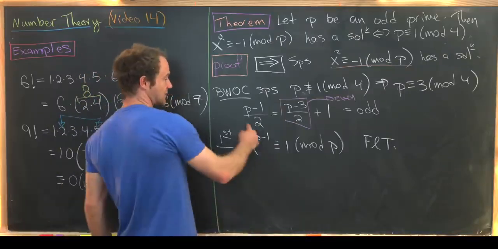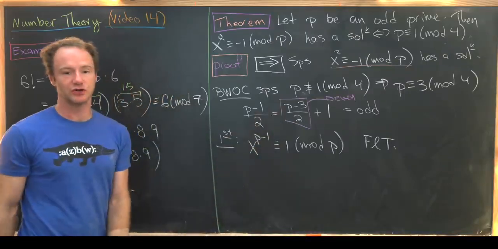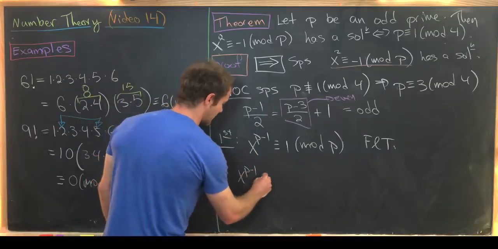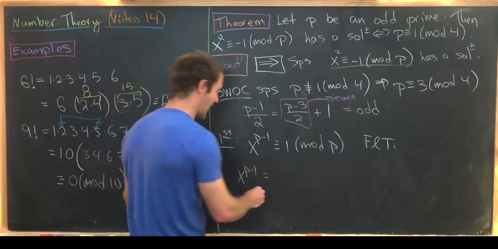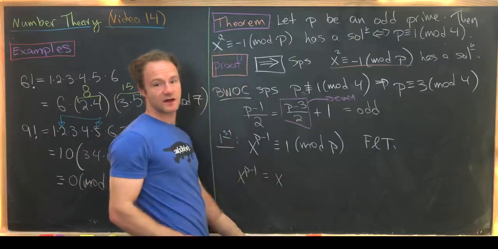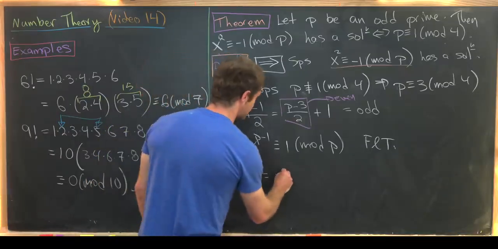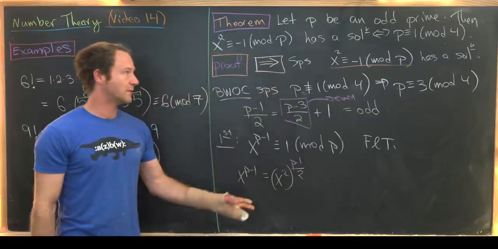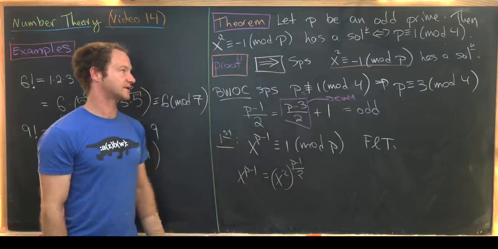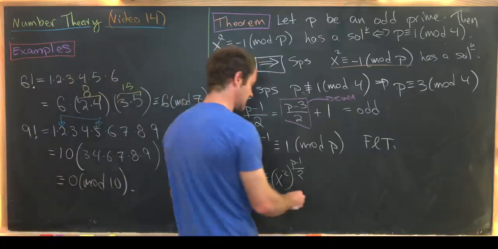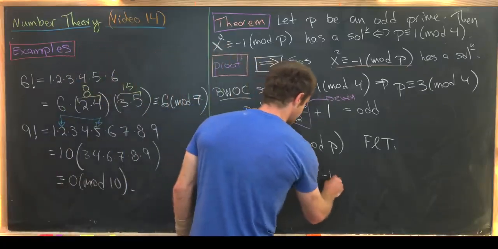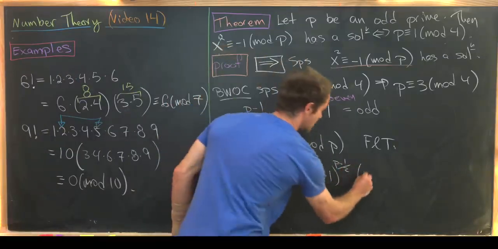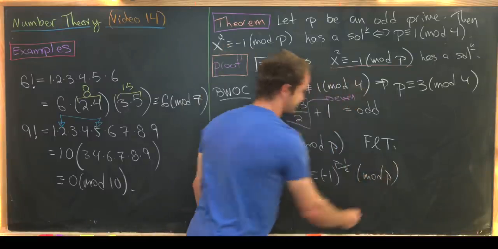Now we can introduce this (p minus 1)/2 into the situation. We can do that by taking x to the p minus 1 and rewriting it as x squared to the (p minus 1)/2. But by our original assumption, x squared is congruent to minus 1 mod p. So this is congruent to minus 1 to the (p minus 1)/2 mod p.